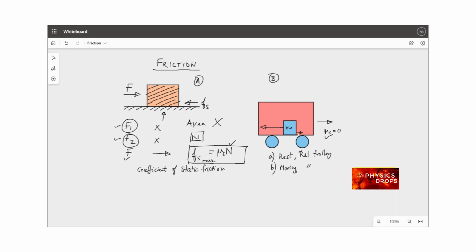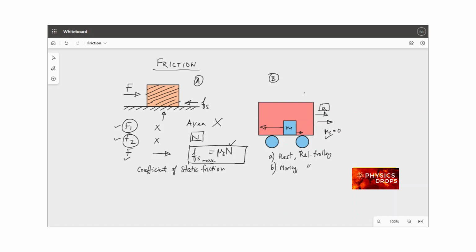Now let's try and figure out what the maximum acceleration of the trolley can be. As the trolley accelerates forward in this direction, if there is friction, if mu s has a value, then depending on the coefficient of friction, only a maximum acceleration is allowed.